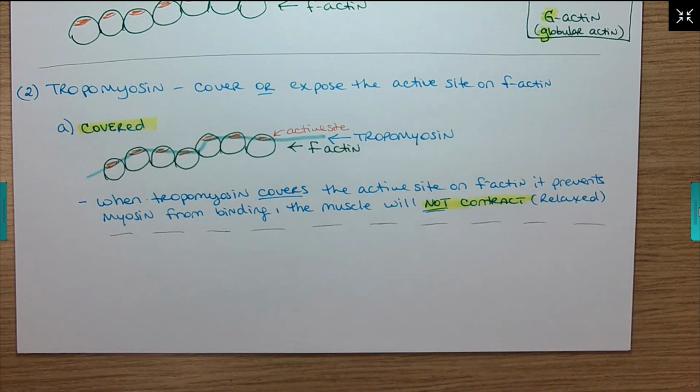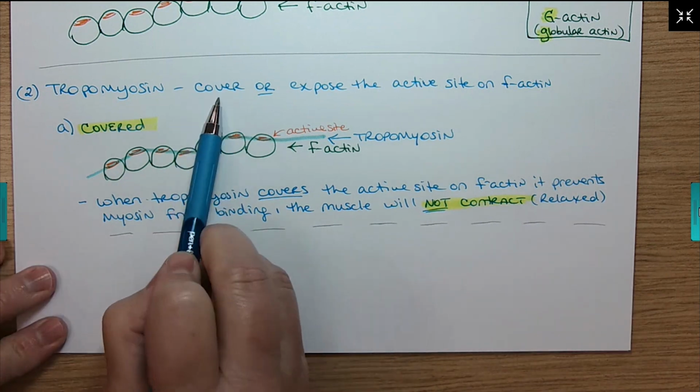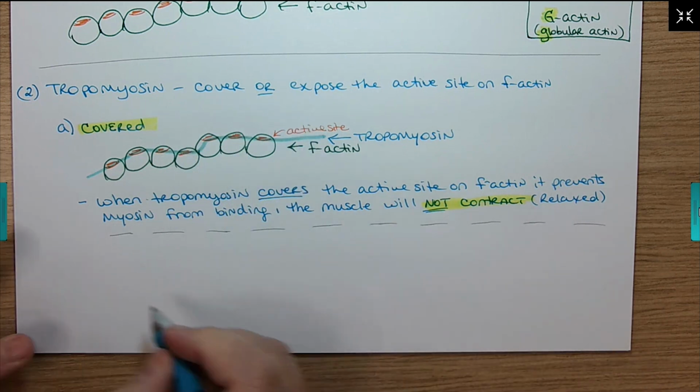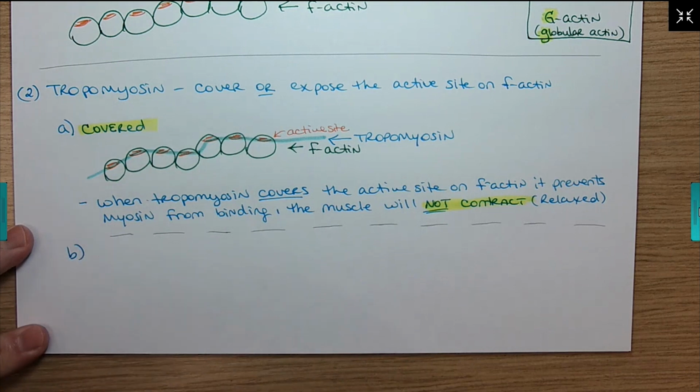They're not always covered, because remember, tropomyosin can cover or expose the active site. So guess what B is going to be? Our next picture here, we're going to have an exposed active site.